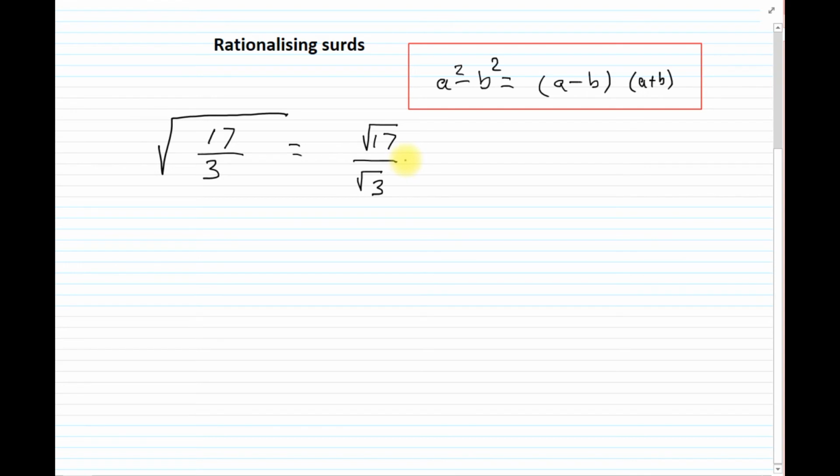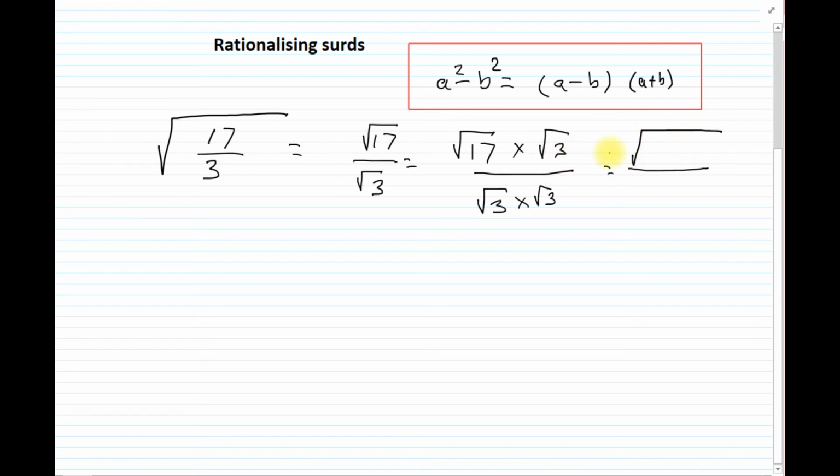So this will be equivalent to square root of 17 times square root of 3 divided by square root of 3 times square root of 3. And square root of 17 times square root of 3 is the same as taking both numbers under the square root. So it's 3 times 17, which becomes 51. And square root of 3 times square root of 3 becomes 3.